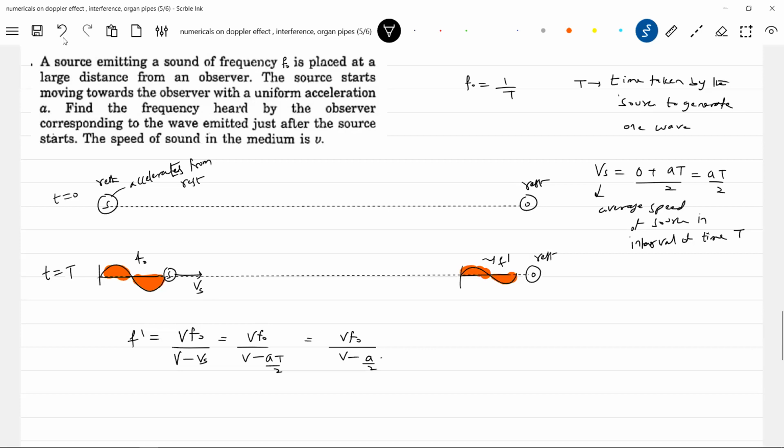What is T? T will be 1 by f naught. Now this 2 also should be there. So this is the apparent frequency heard by the detector corresponding to the wave generated just after the source starts.